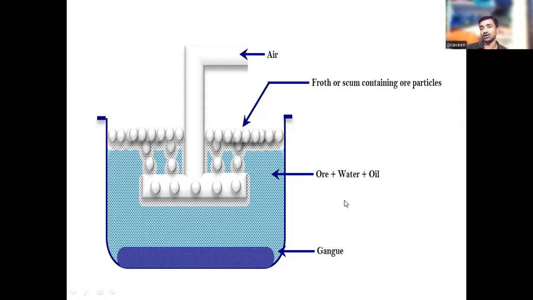This is about flotation. Then one more is there, magnetic separation. We can use magnetic separation especially for ores that have a magnetic property. In the ore, we have two substances. What? Gangue, that means unwanted materials, and then mineral.